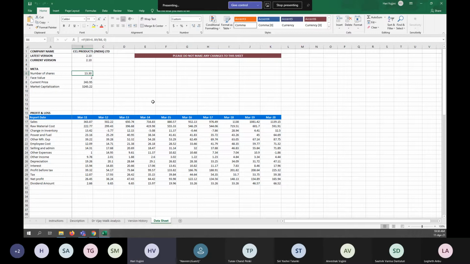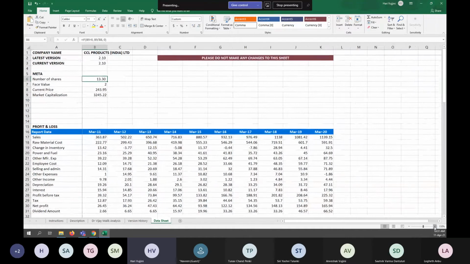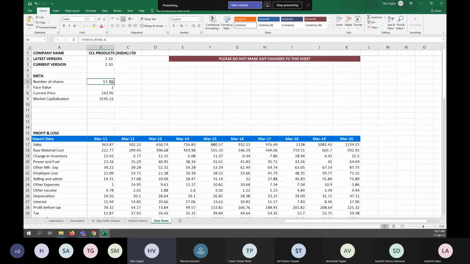You remember the Dutch East India Company started this in the 16th century, and they raised money and sailed all the ships across the world. So similarly, Continental Coffee, CCL Products, also raised money from the public, and the number of shares outstanding is 13.30 million.